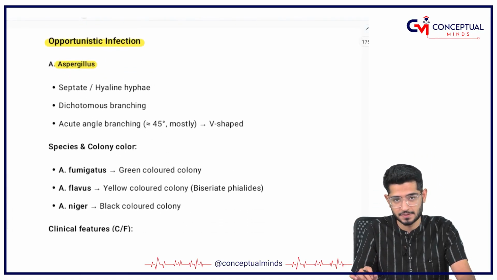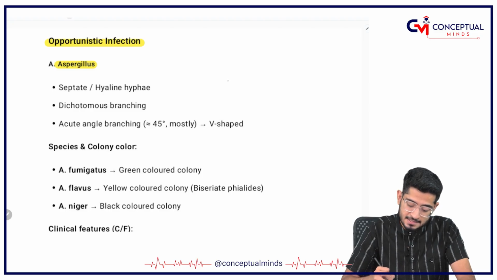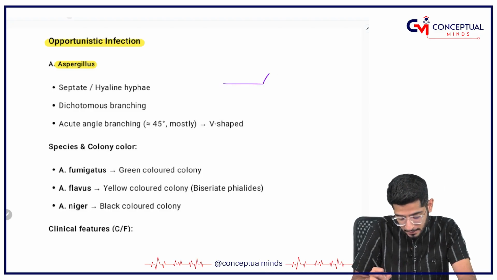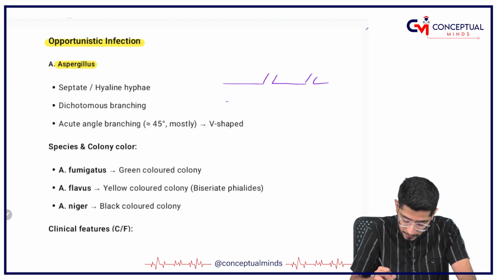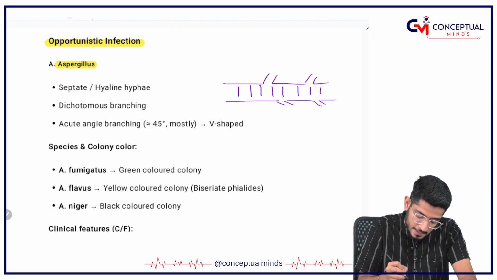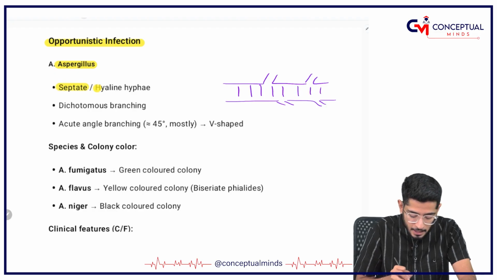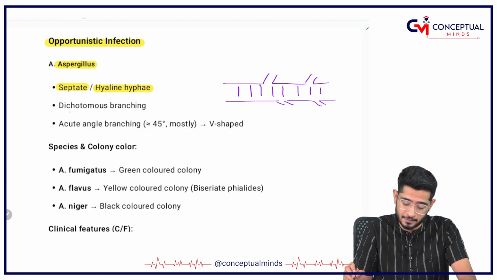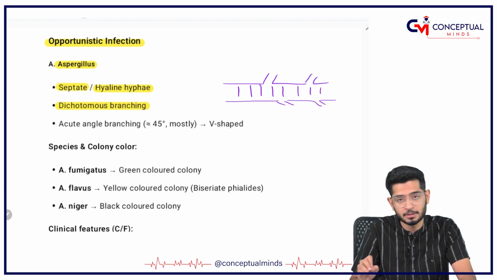Coming to Aspergillus. Aspergillus is a septate hyaline hyphae. This is the hyphae I am trying to make for Aspergillus. It is a septate hyphae, also called hyaline hyphae, and it is dichotomously branched.